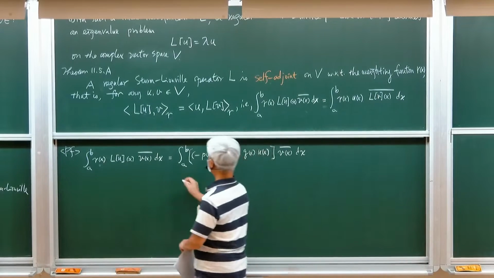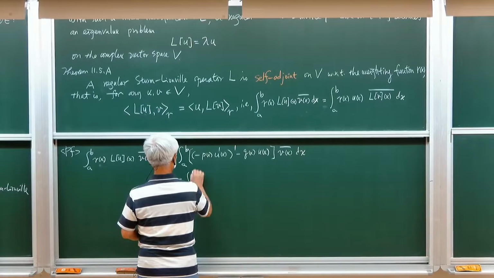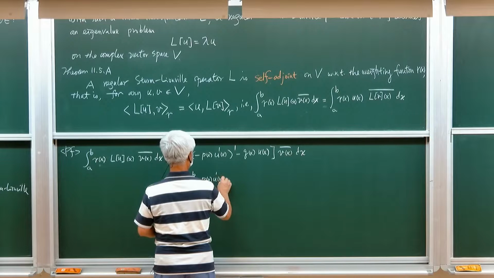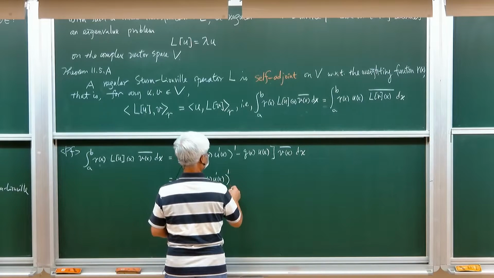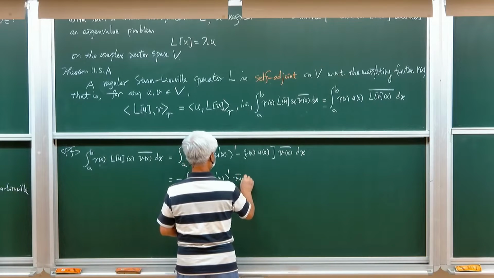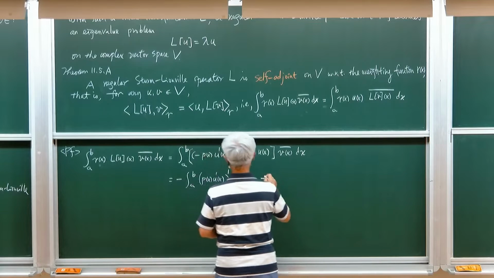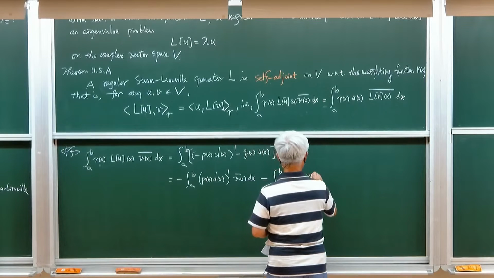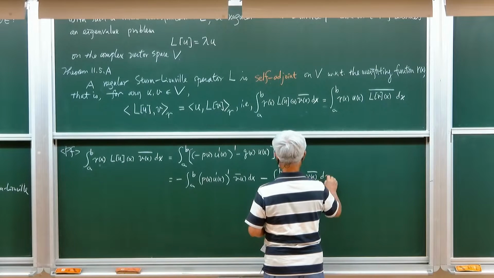And so we have two terms. We have the integral from a to b of minus P of x, u prime of x prime, v bar of x dx, minus the integral from a to b of q of x, u of x, v of x bar dx.